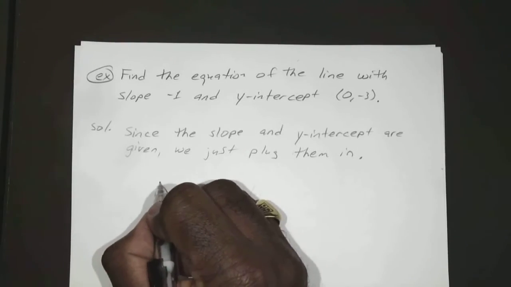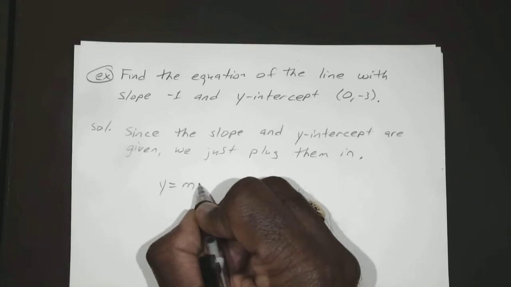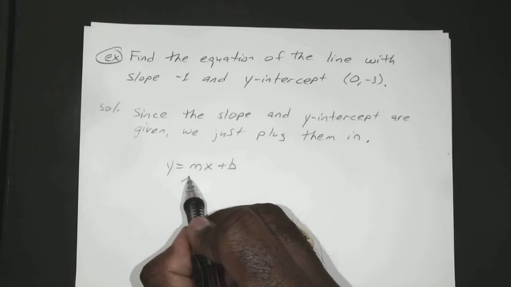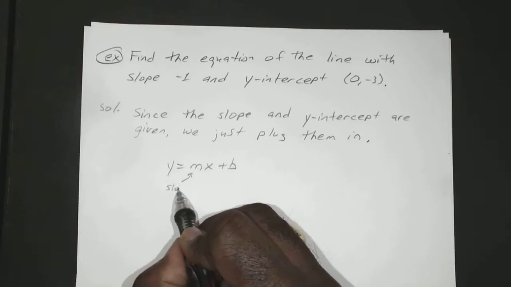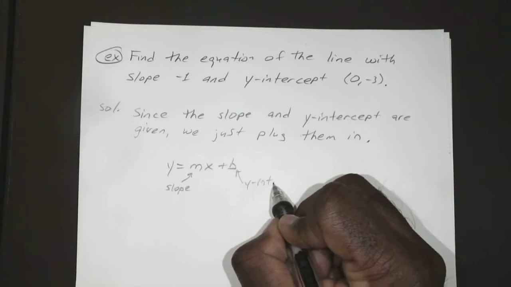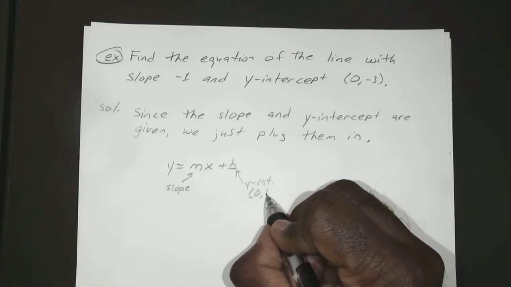We know that y is equal to mx plus b. We know already this is your slope. This is your y-intercept, where it's just 0, b.